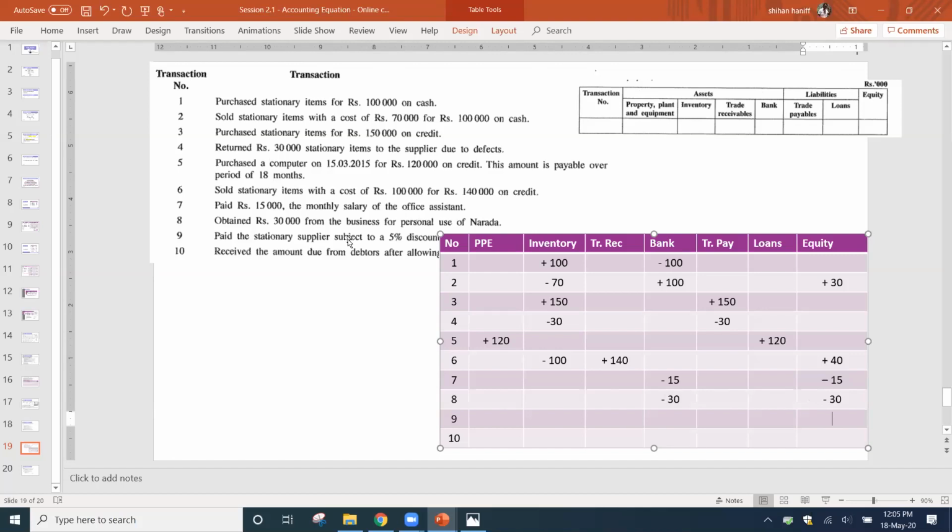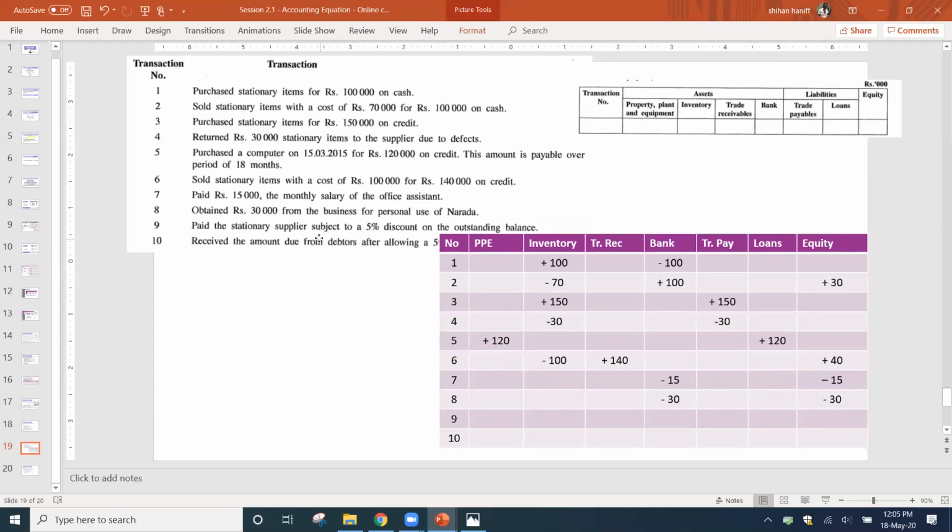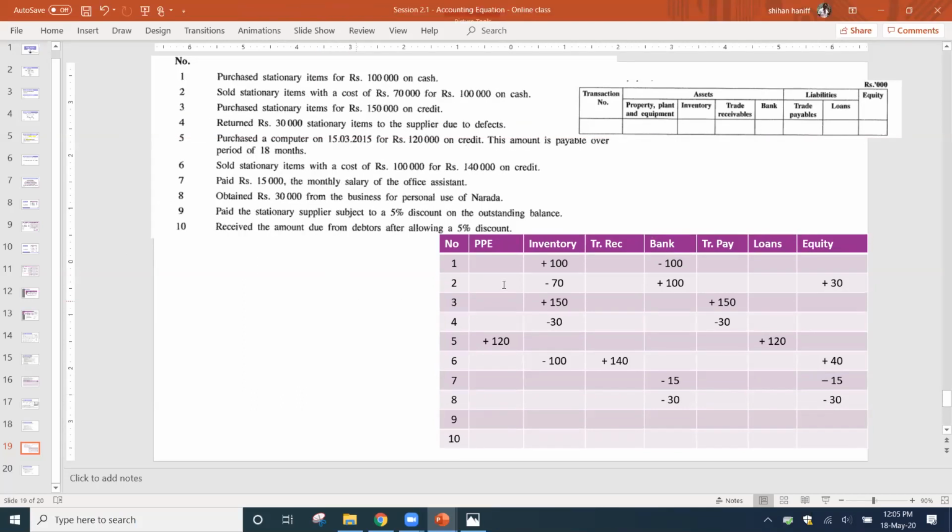And number 9, paid the stationery supplier subject to 5% discount on the outstanding balance. So how much will you pay for the stationery supplier? So supplier is this trade payable.